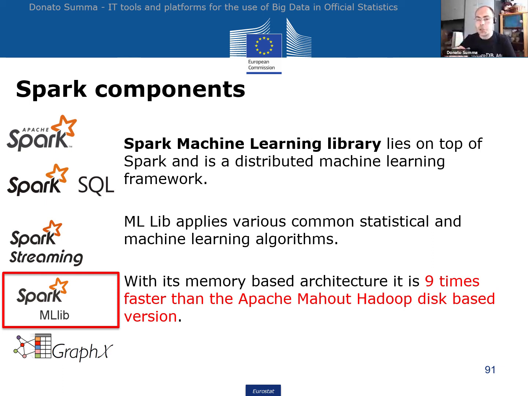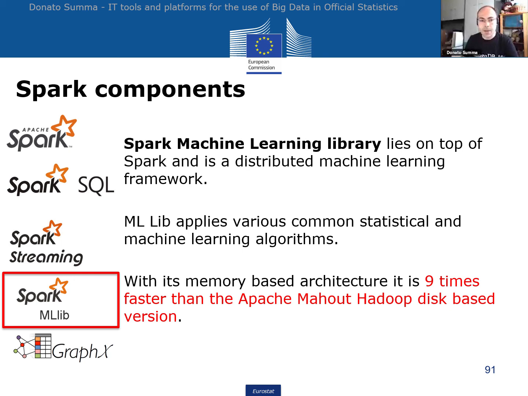Apache Mahout is, let's say, the equivalent project that you can use if you want to implement and execute machine learning algorithms with Hadoop. So it's basically an alternative to Spark's machine learning library.